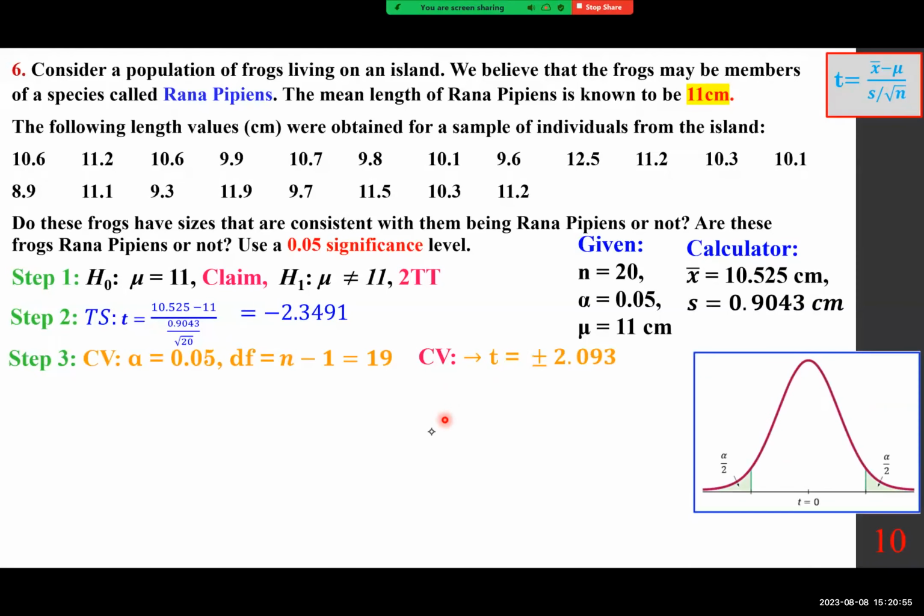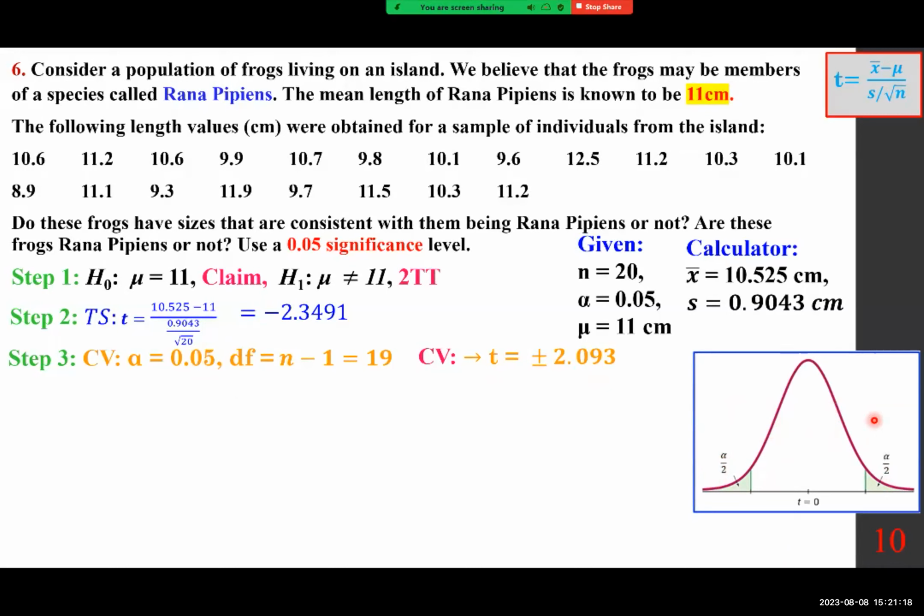Let's do the drawing. This is 0.05 divided by 2. This is 0.05 divided by 2, or 0.025. That's the idea. And in between is 95%. So 0.05 is the area of both tails put together.